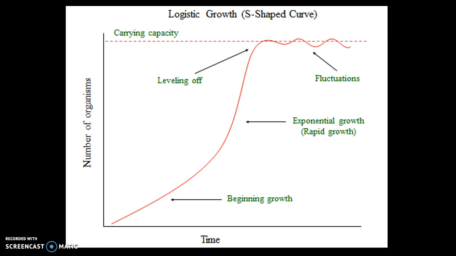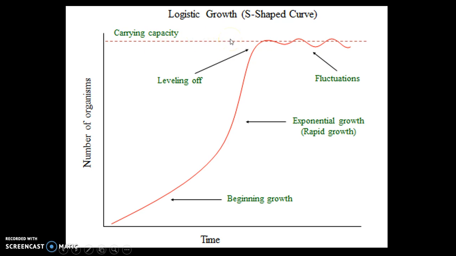But then there's going to be high competition, not enough things supporting it, so you're going to have a die-off. And then the population is going to drop below the carrying capacity. Well, then everybody's good, so they're going to start reproducing again and go above it. So you're going to see this fluctuation that goes above and below the line as it fluctuates around that carrying capacity, okay?